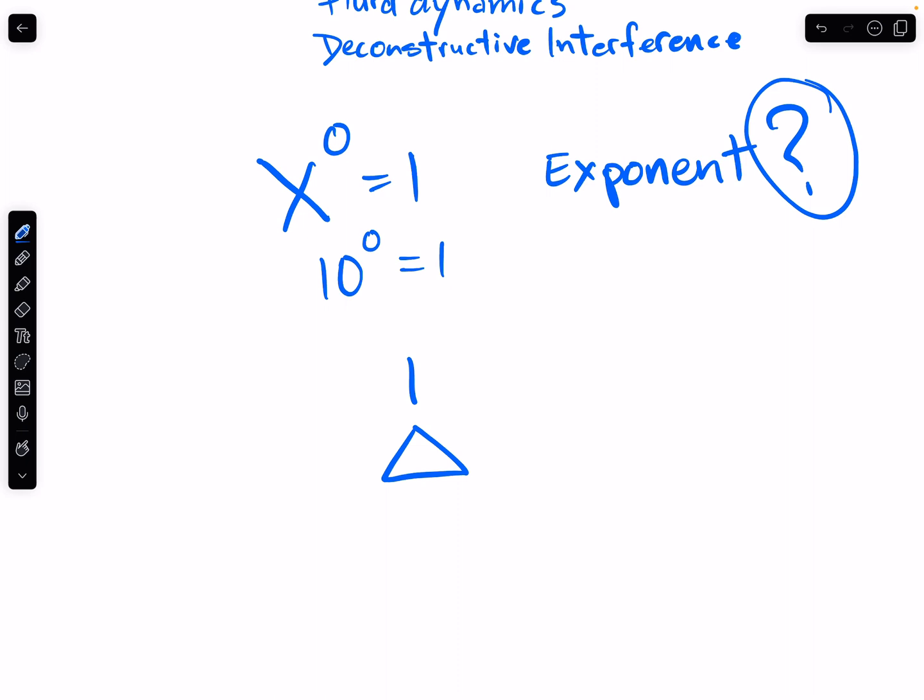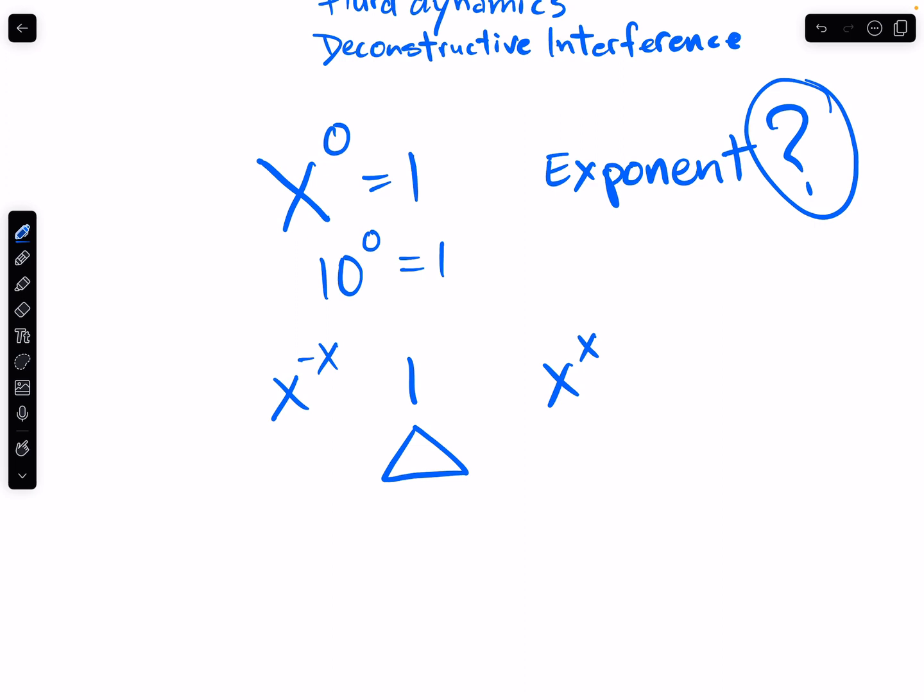There's multiplication on the positive side, where it is x raised to the x power, and x raised to the negative x power.